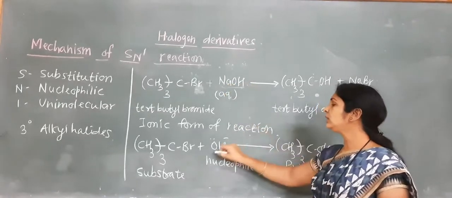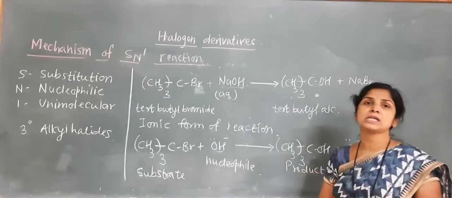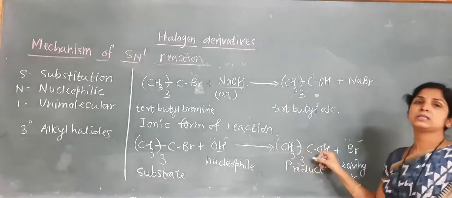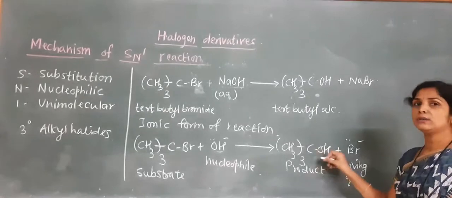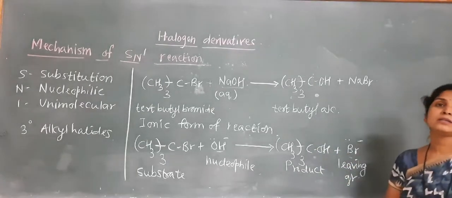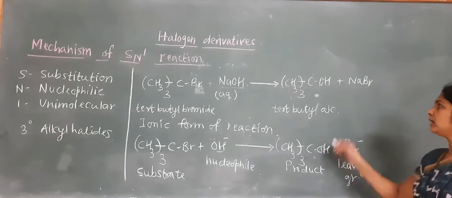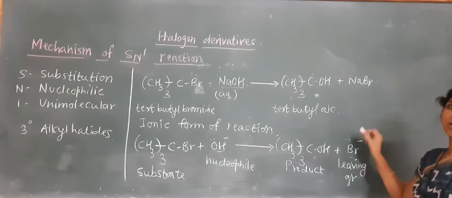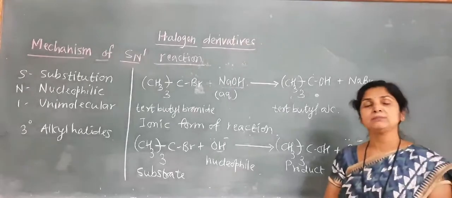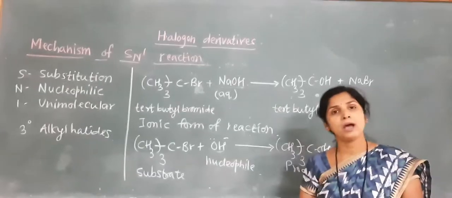So here only the nucleophile OH minus is shown, and we write the product, (CH3)3COH, tert butyl alcohol, and Br minus as the leaving group. So you may write the complete reaction or you may write the ionic form of the reaction, which will have the weightage of half.